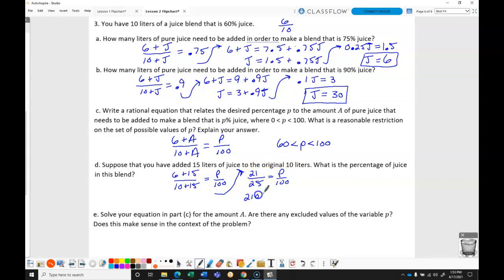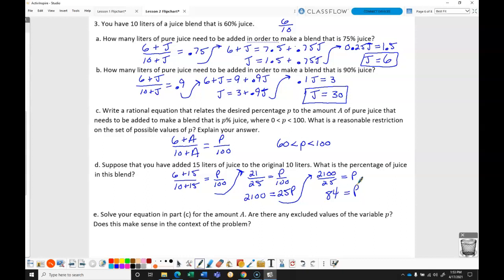I have 2100 equals 25P. So then I'll just take 2100 and divide by 25 and find out what that P is. So 2100 divided by 25 is actually 84. So it would be 84% if they added 15.